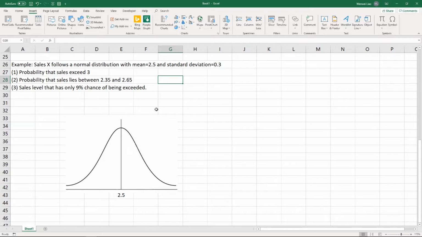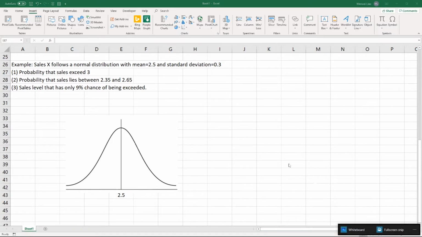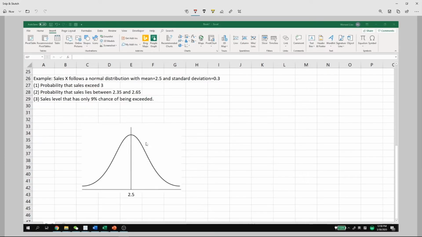I strongly recommend you guys to draw a graph if you are not very familiar with normal distribution. You can draw a graph like this, and then we need to find the probability that sales exceeds 3.